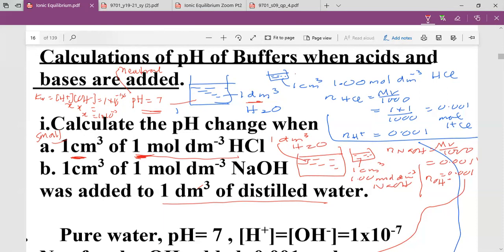So here I have 1 cm cube of 1 molar HCl.